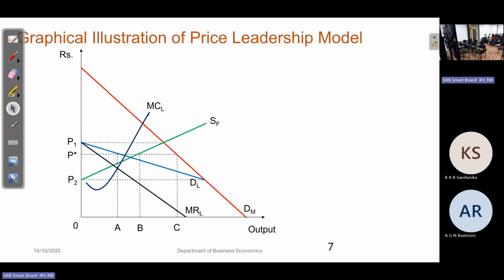Now, how is the market production, or the supply, distributed among the followers and the leader?